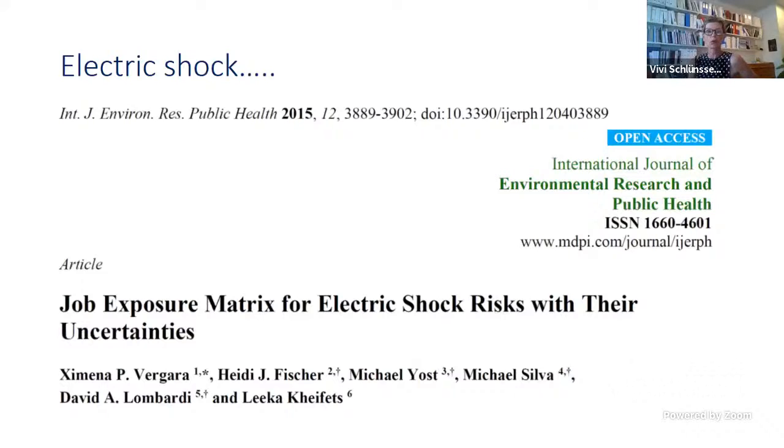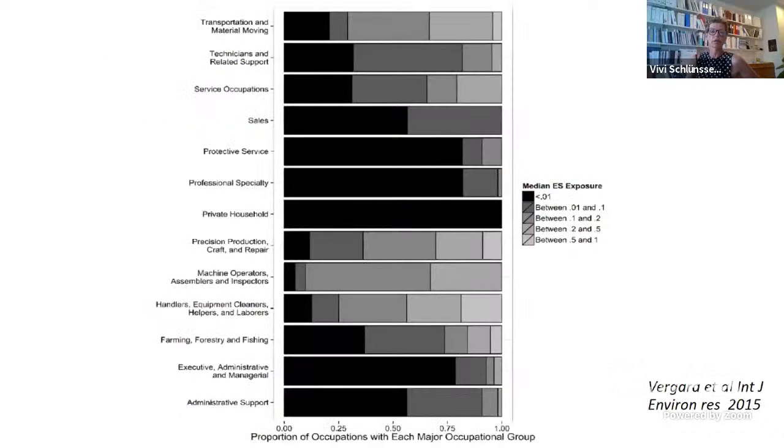The first one I will show you is a job exposure matrix on electric shock. It's from data from the US, where they have register-based information about the fatalities and the injuries caused by electric shocks. By using this information together with a very tailored expert judgment, they were able to provide data like I show you here.